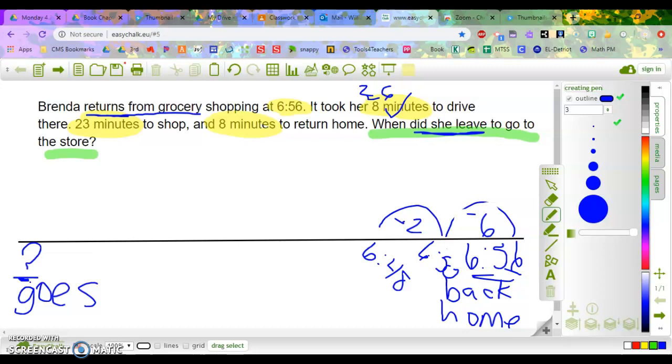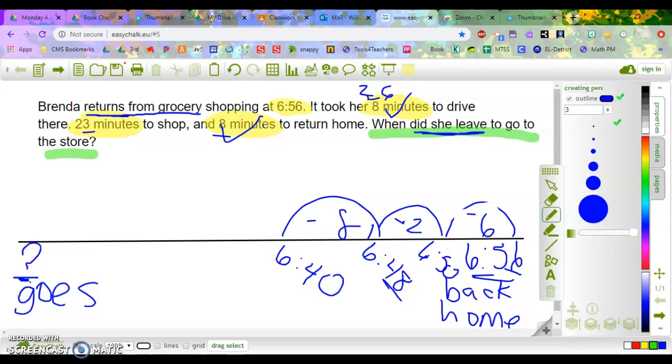Now I'm going to jump back my other 8 minutes. Here I got 6:48, so I want to take away those 8 minutes, which will leave me at 6:40. So I've taken away both of those 8 minute times, which just leaves me with my 23 minutes.